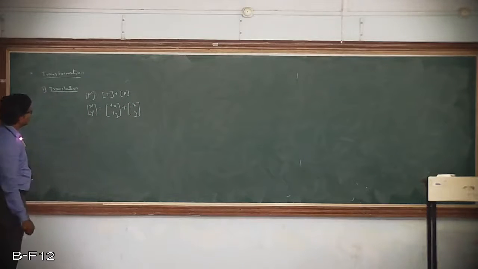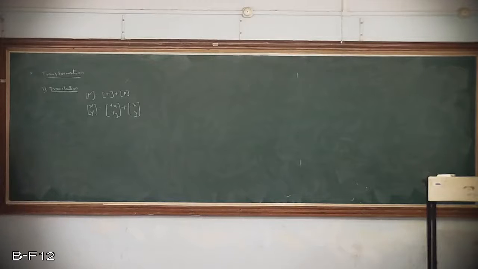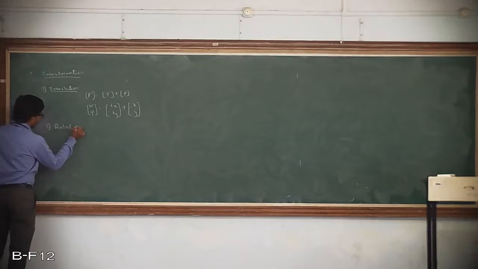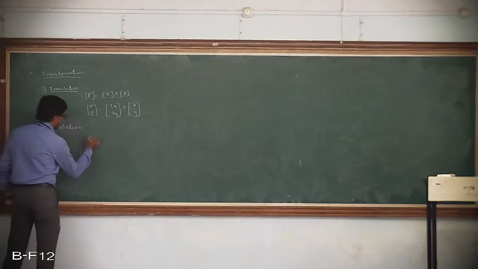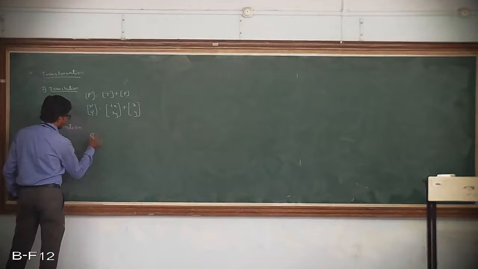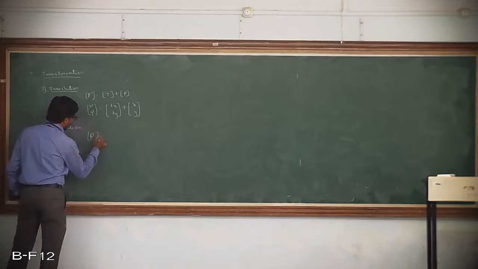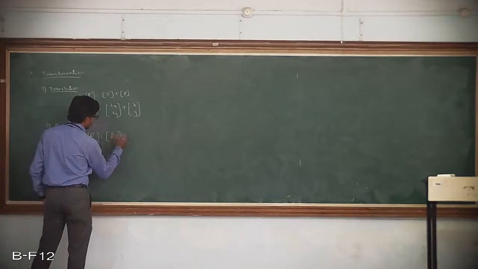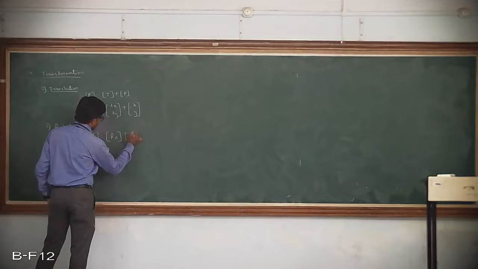So this was the translation matrix. If I try to write the rotation matrix, P dash will be equal to R theta into P.